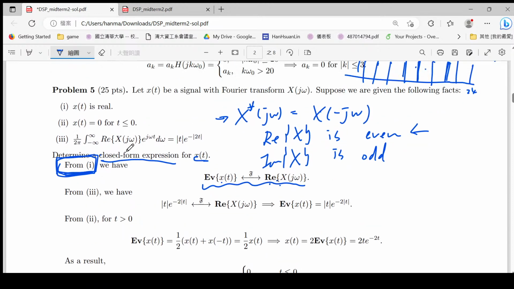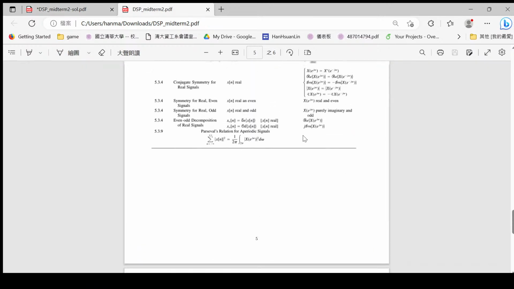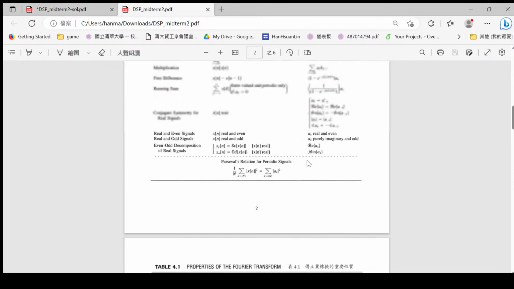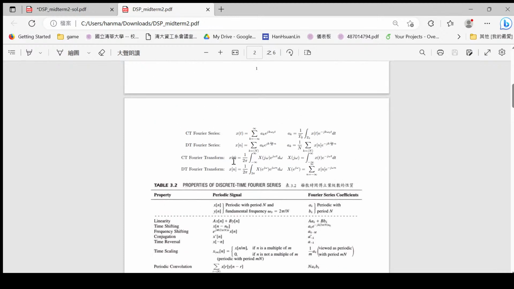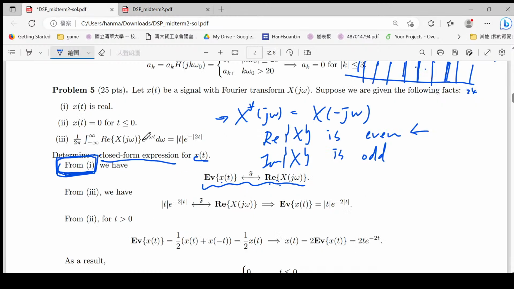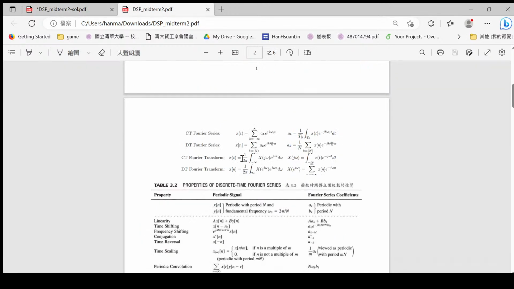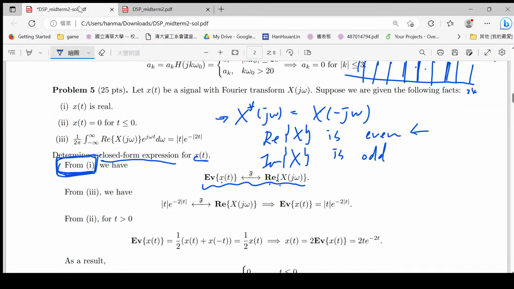And 3 looks like a lot, but if you compare it to just the Fourier transform equation, you see that this is basically the inverse Fourier transform equation on the real part of big X. So this is really just the inverse Fourier transform of the real part of big X. And we already said that the real part of big X inverse Fourier transforms to the even part of small x.